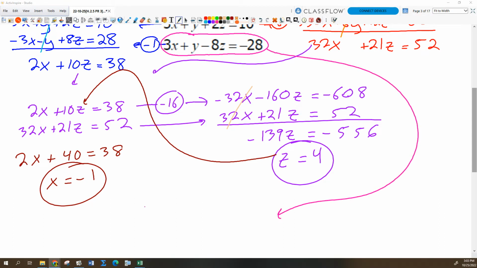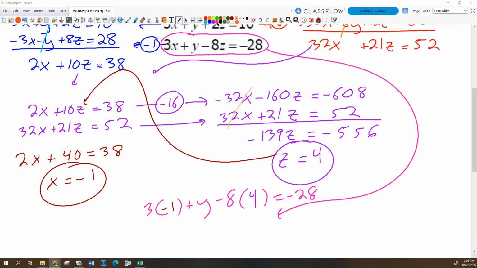I'm going to get 3 times negative 1 plus y, which I don't know, minus 8 times 4 equals negative 28, right?